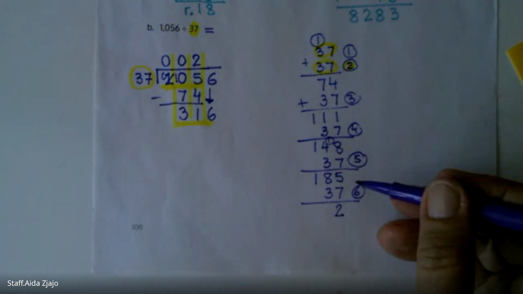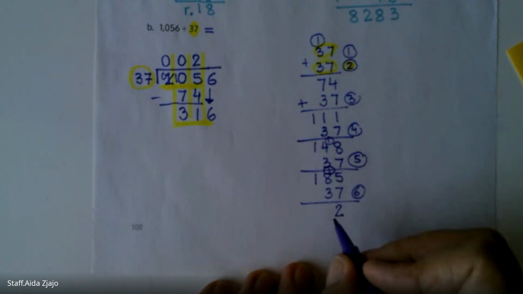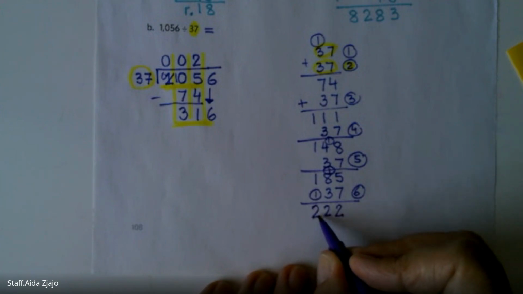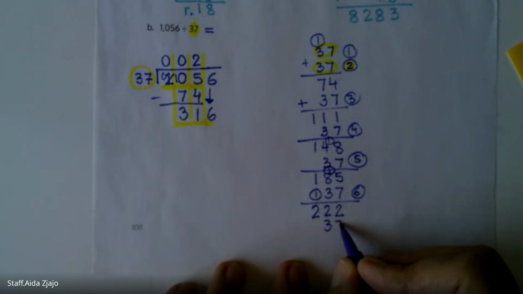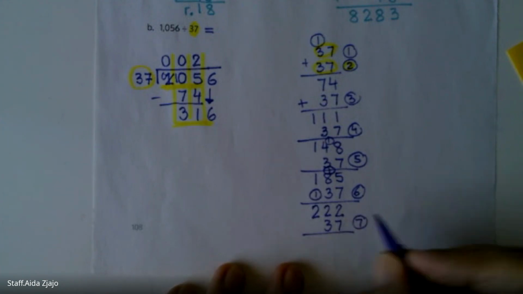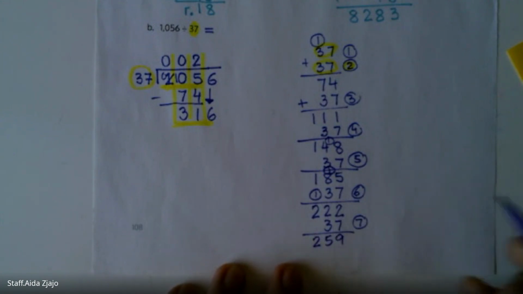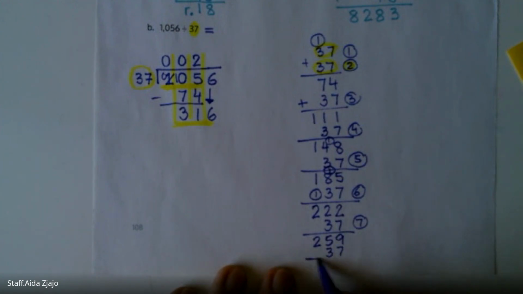So remember 1, 9, 12, it's 222. I can add a 37. That is 7 groups. That is 9, 5, 259. I'm adding 37 again.